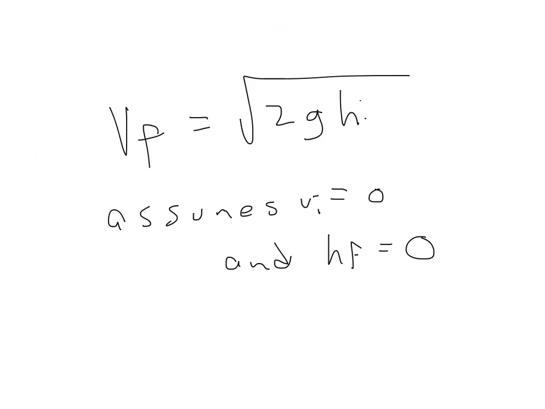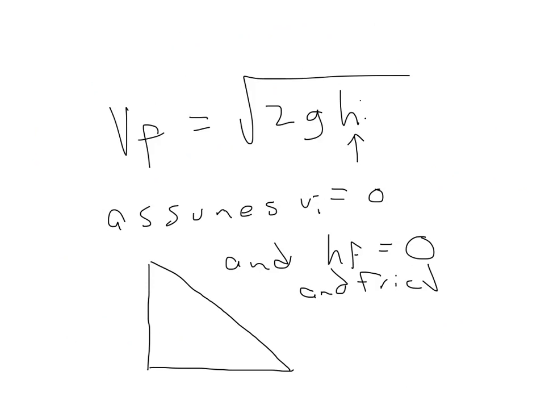So if the object started from an initial height of, let's say, 5 meters, and you slide down a frictionless surface, and I'll say friction equals 0, another assumption here, and this is 5 meters tall, then the square root of 2 times 10, taking g to be 10, times h initial is the square root of 100, which is 10 meters per second at the bottom.